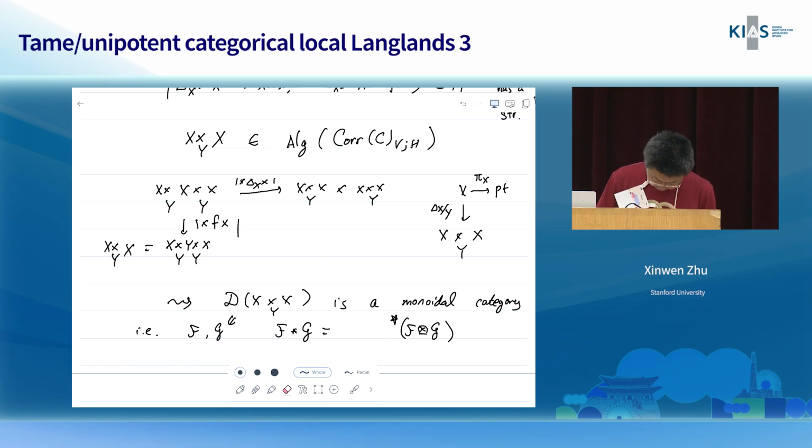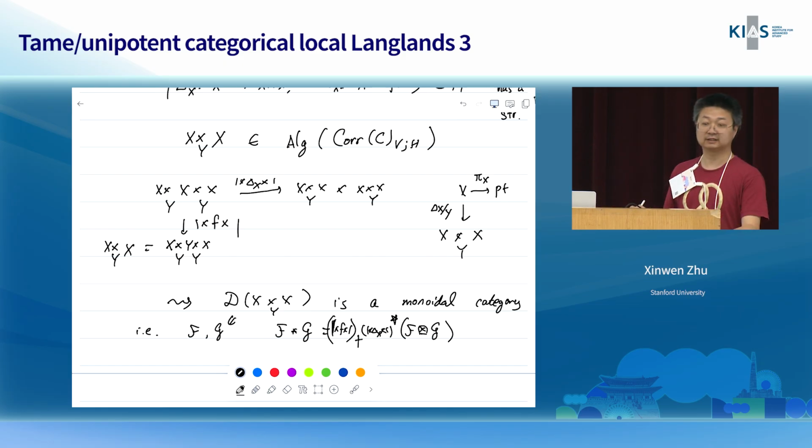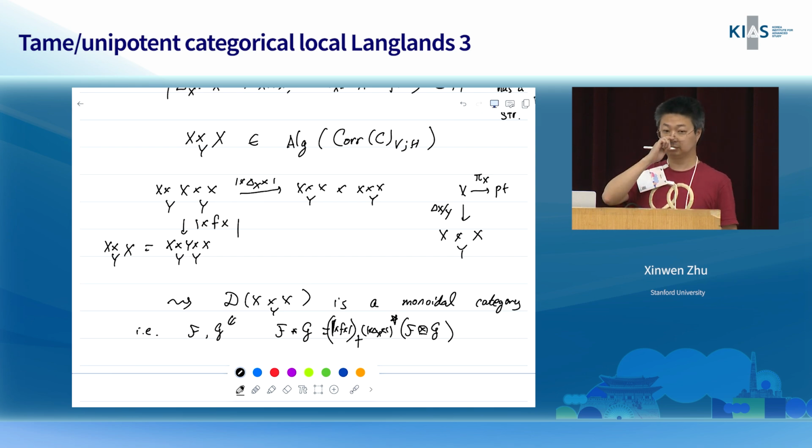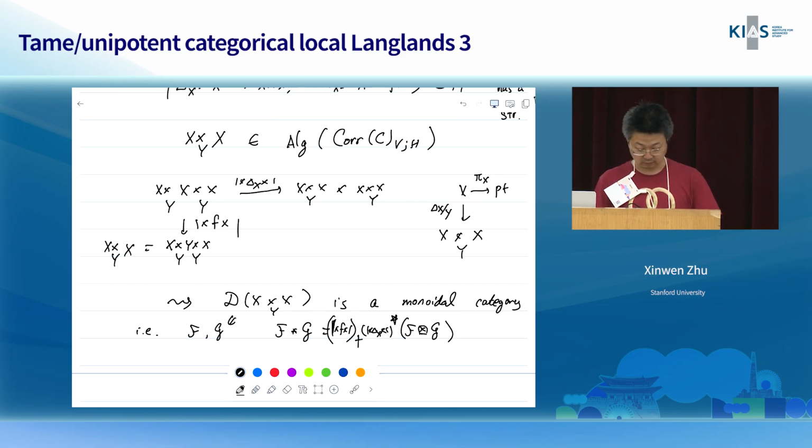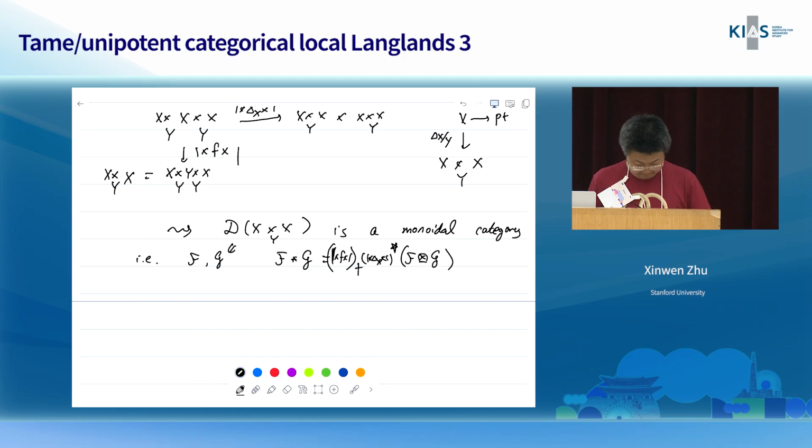Actually, it's this 1 times delta. And then push forward along 1 times f times 1. So that's how the monoidal structure is defined. This is the usual convolution product.